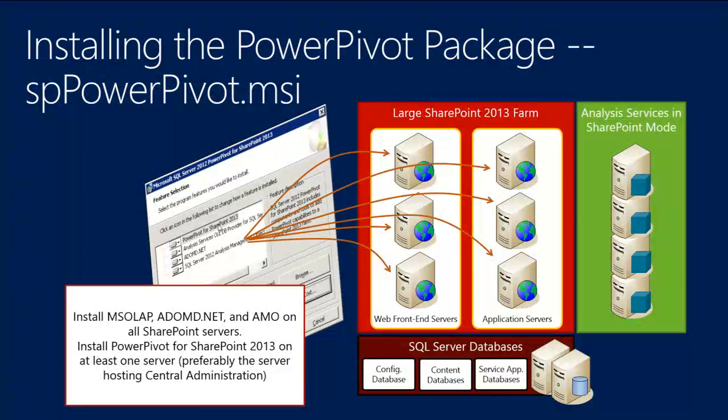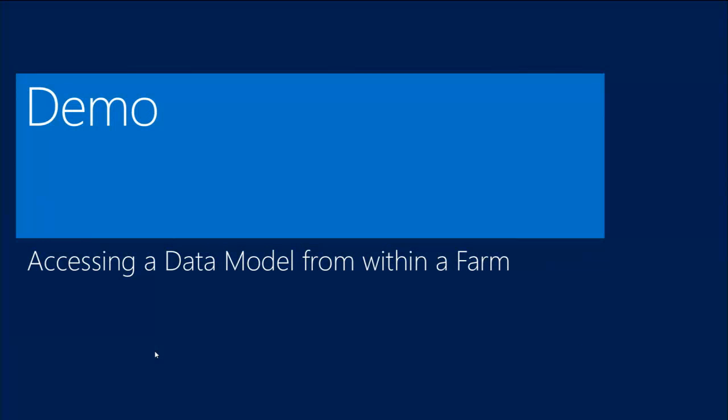What this does, it creates a folder on the file system under Program Files where we put our config wizard and our solution deployment files. Just by installing this, you do not get PowerPivot yet into SharePoint. You get the tools to deploy PowerPivot into SharePoint, but that is a separate step. We already demoed that.